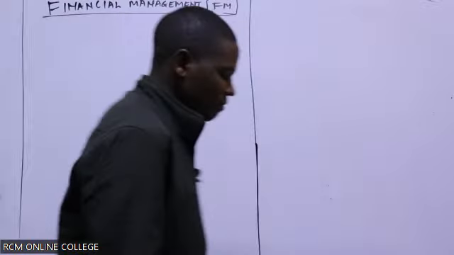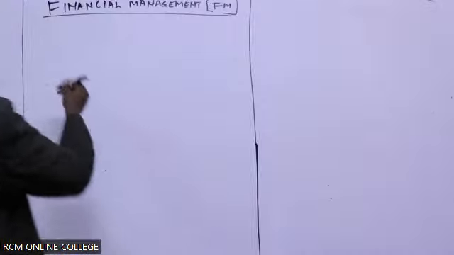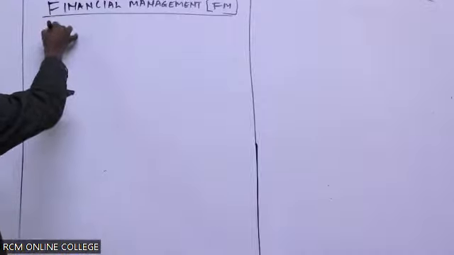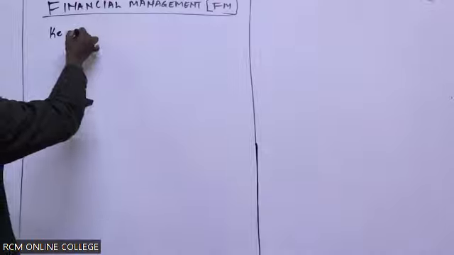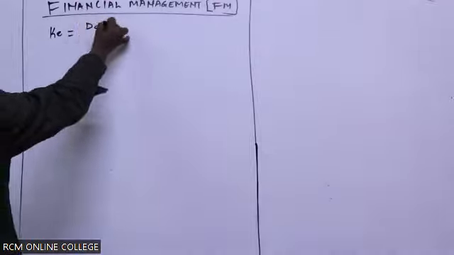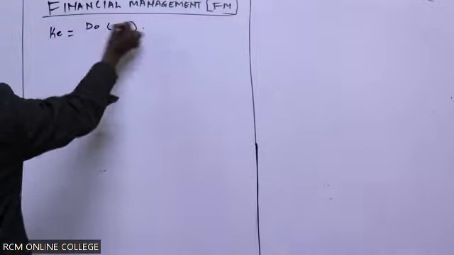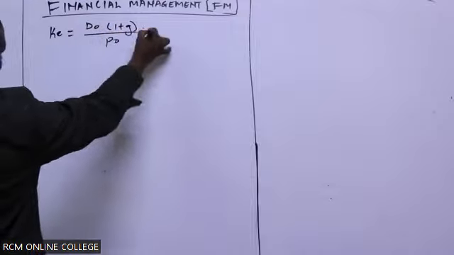The formula remains Ke. Just want to remind you this: D0(1 plus g) over P0 plus g.